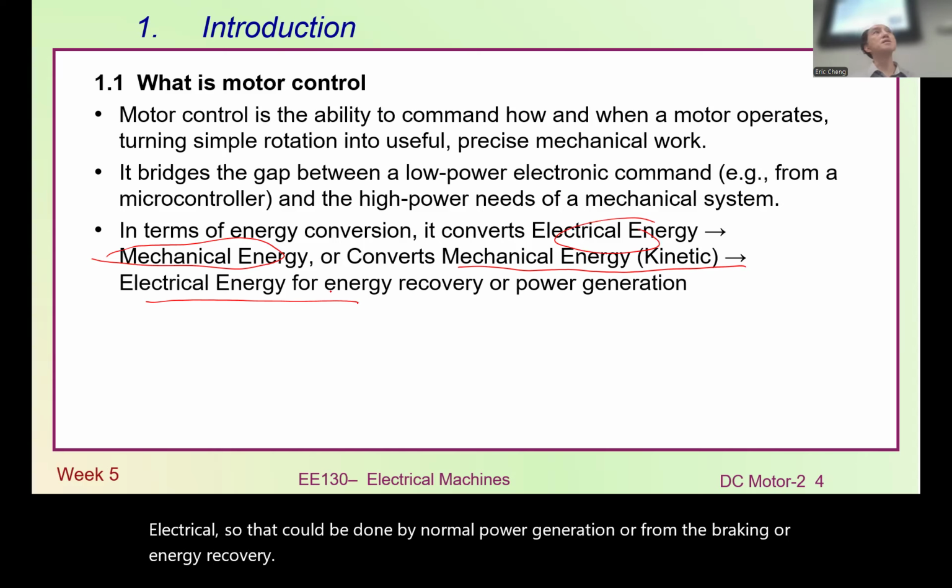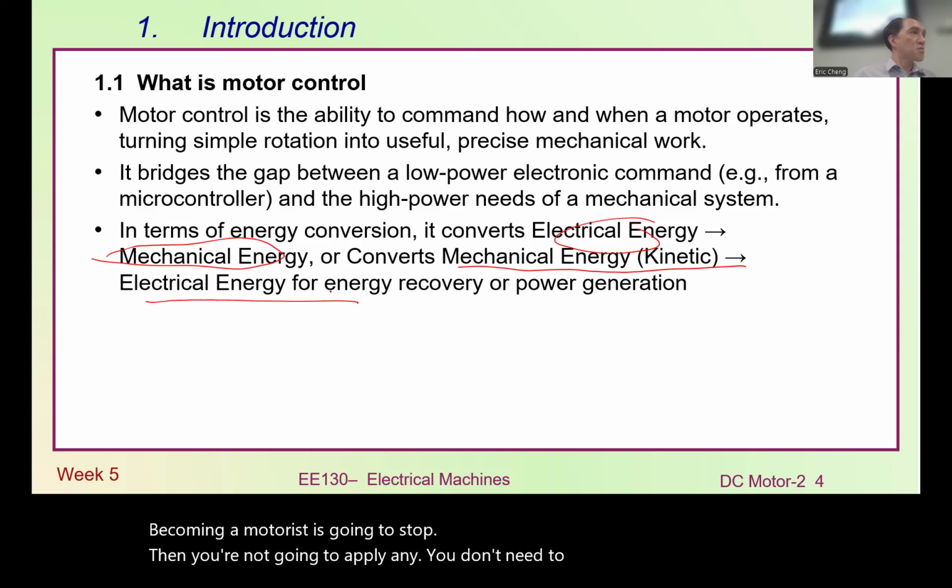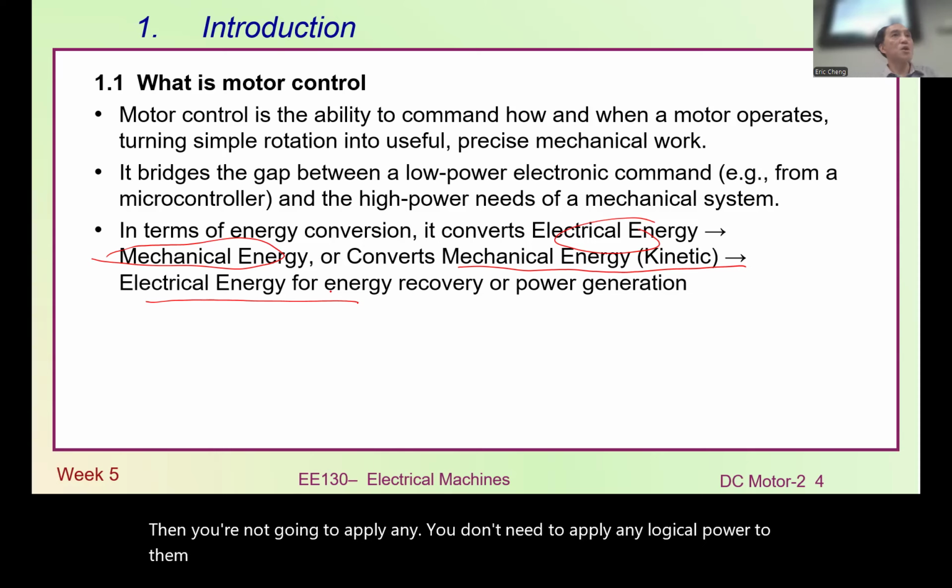Because when a motor is going to stop, you don't need to apply any electrical power to it. Then the mechanical power can return to the electrical side naturally. So that's how the operation looks.